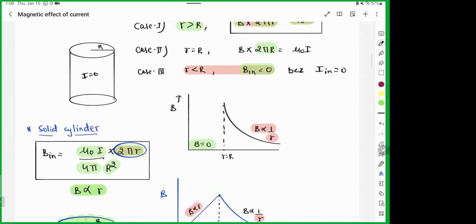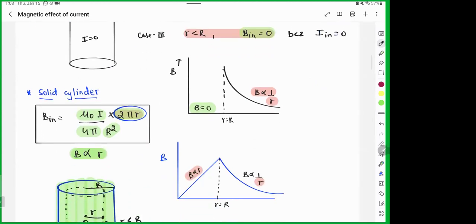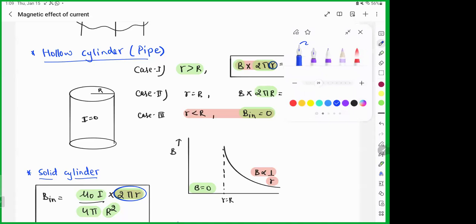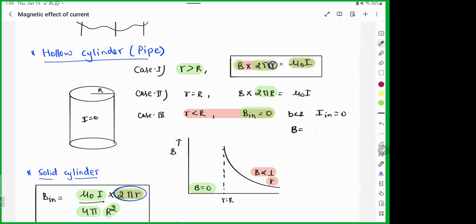When you are taking this solid cylinder like a wire, inside it depends upon r, outside it inversely depends upon the distance. Understood? Any doubt? Because outside it will be equal to mu naught I by 2 pi r. It means it inversely depends upon r.